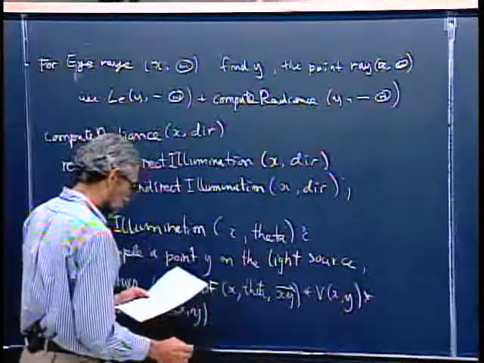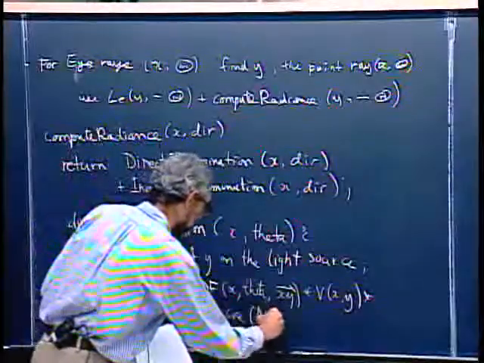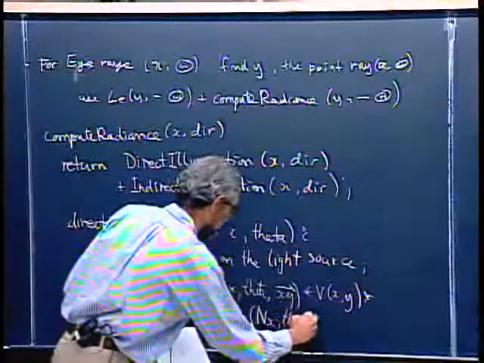And what we have to multiply also is by the cosine of the nx and theta, which is just a dot product.